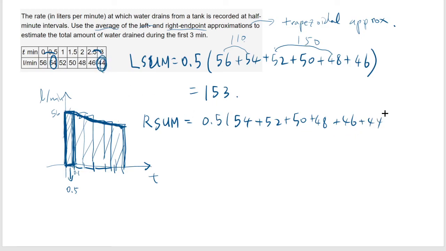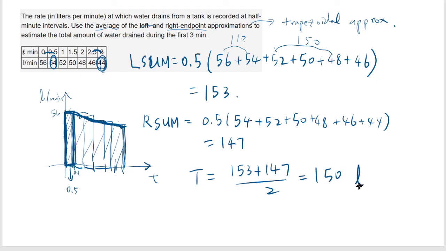If you do that, you get 147. Finally, the average, which we call the trapezoidal rule, is the sum of the two divided by 2, which gives you 150 liters. That's the answer.